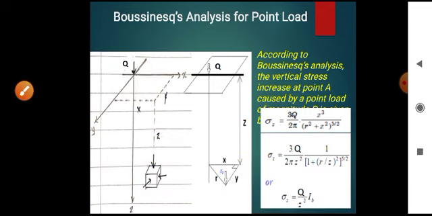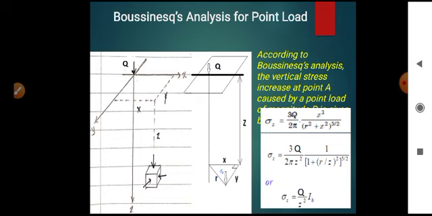The third form of this same equation is sigma z is equal to Q divided by z square into Ib, where Ib is the Boussinesq influence factor.